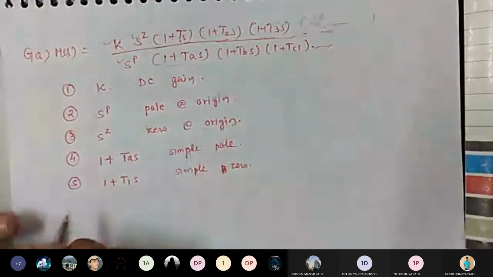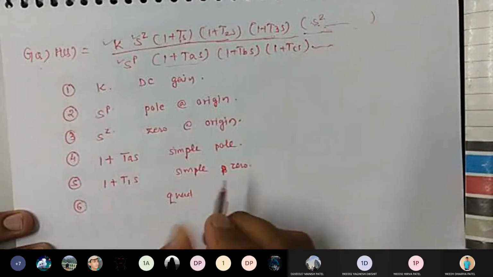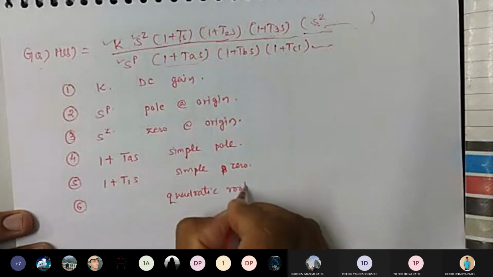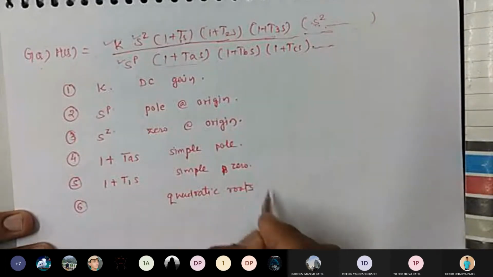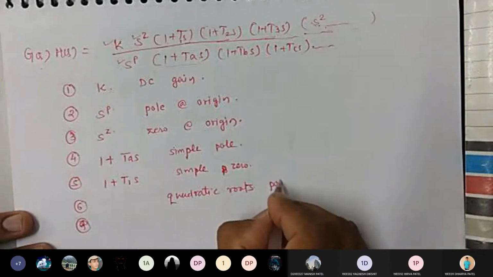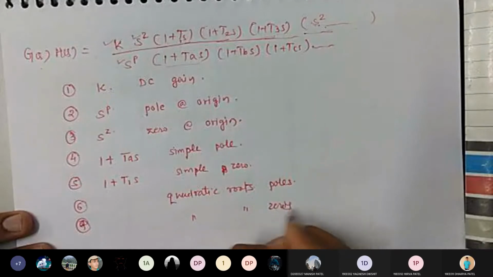So you will have quadratic roots, which you will see later on. These roots are nothing but the poles as well as zeros.